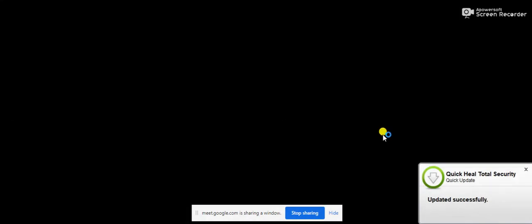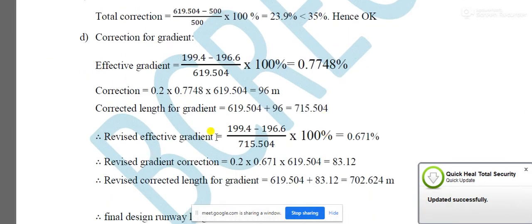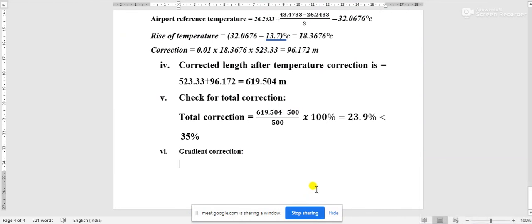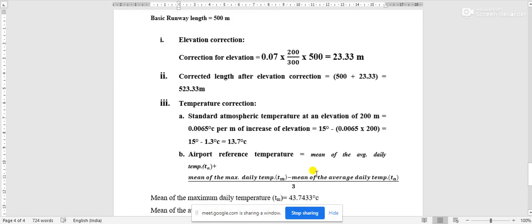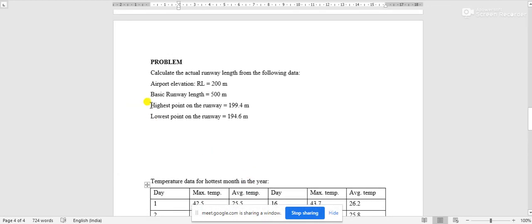And here, first of all, we have to calculate effective gradient. Effective gradient is nothing but the maximum elevation point and minimum elevation point. These two data is given.